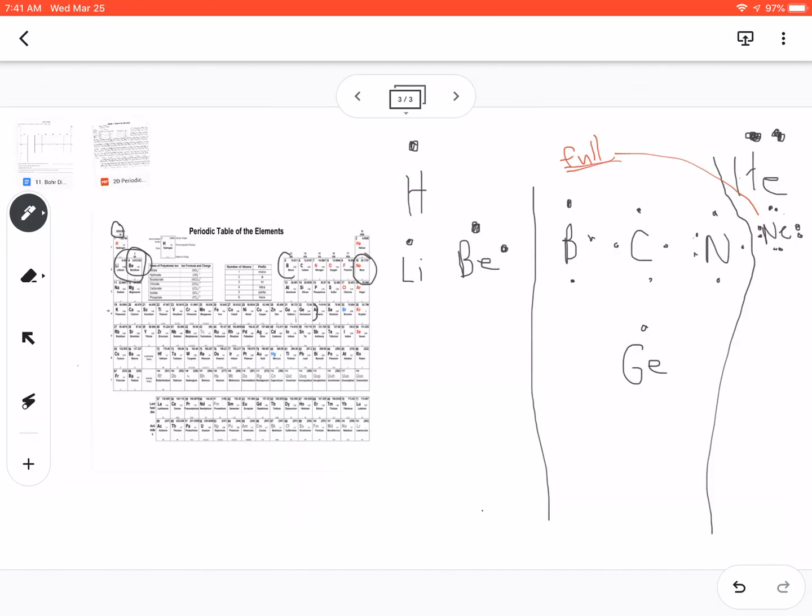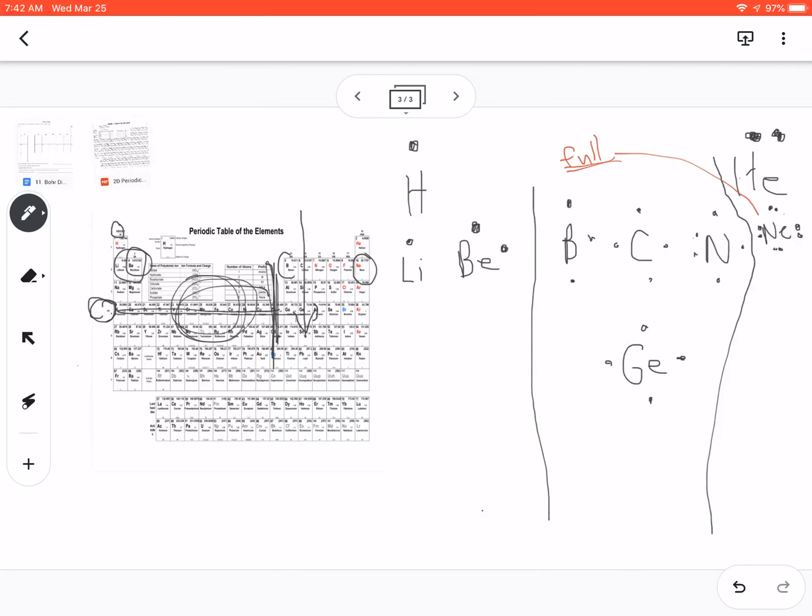Ge, 1, 2, 3, 4. So we don't know how these electrons behave. What we do know is it behaves like carbon. So that's what puts them in the same family. They react similarly because they have the same number of outer electrons.